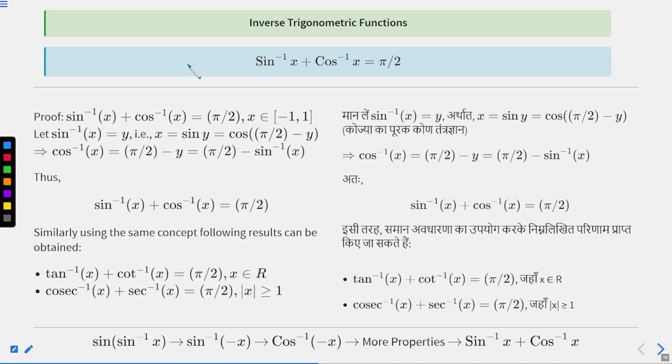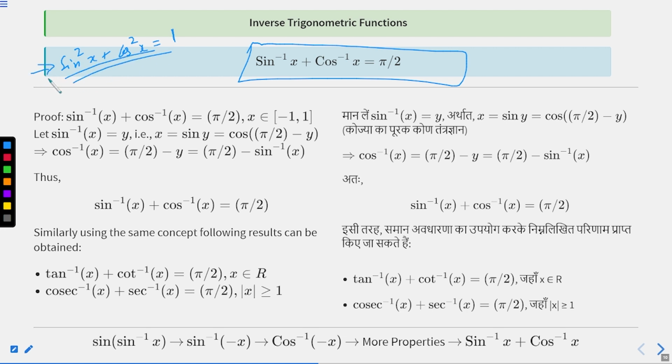Next, the proof is there for this identity. If you recall, in normal trigonometric functions we saw that sine square x plus cos square x is equal to 1.